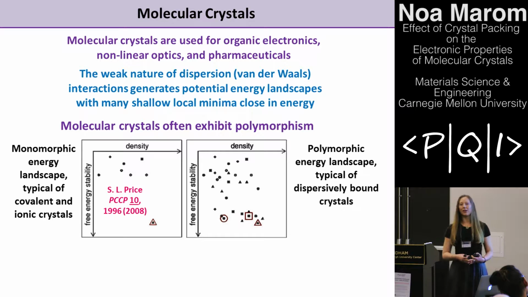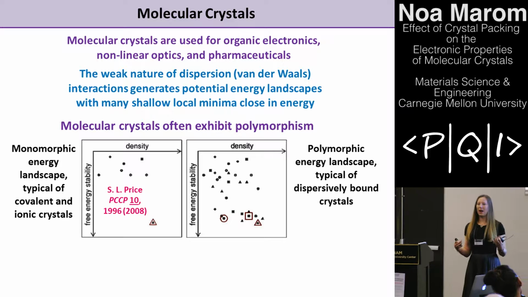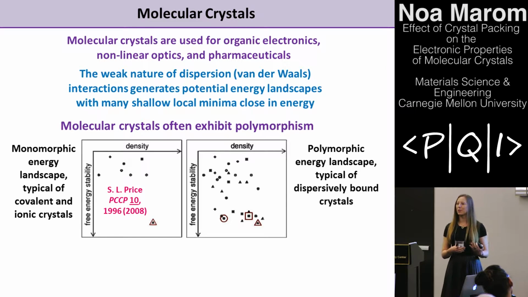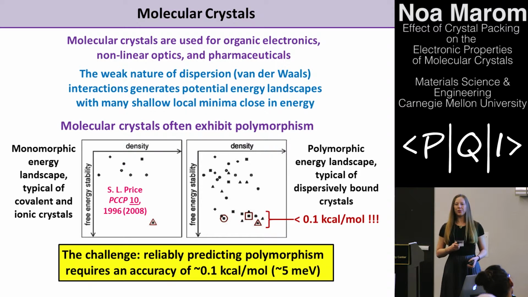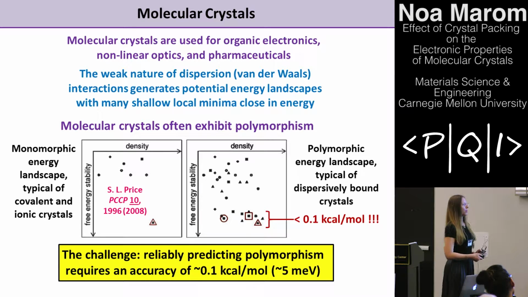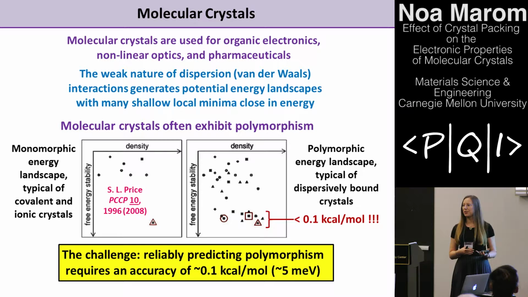So therefore, we're very interested in being able to predict the existence of these polymorphic forms of molecular crystals. But the challenge is that the energy differences between polymorphs can be extremely small, less than 0.1 kilocalories per mole. And so to reach that kind of accuracy in the energetics, we have to go to fully quantum mechanical simulations.